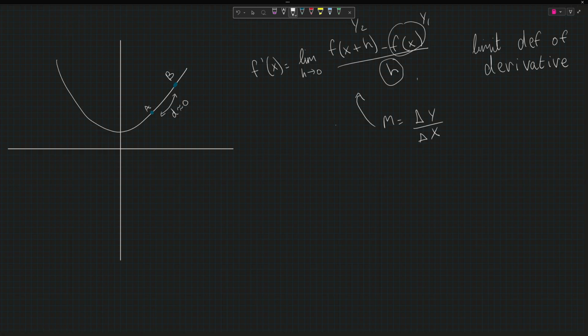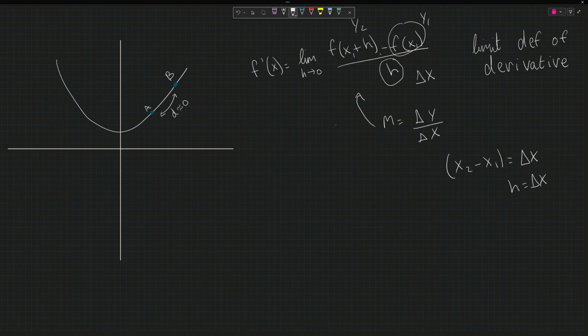Now, h represents the change in x. So if you add the change in x to x1, let's say, you get the second x value, right? So let's say x2 minus x1, which equals delta x. h is that delta x.